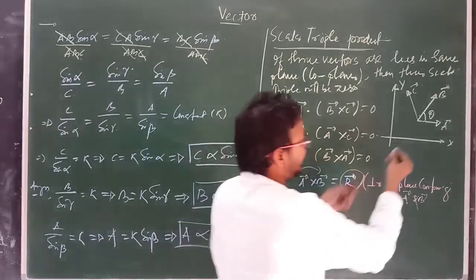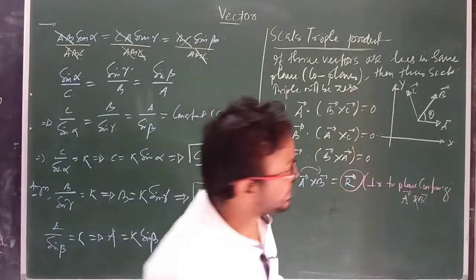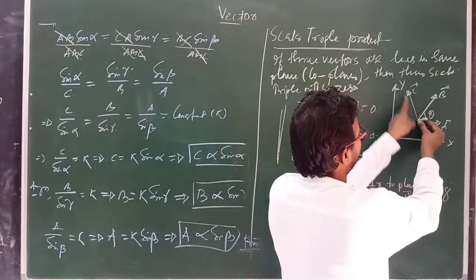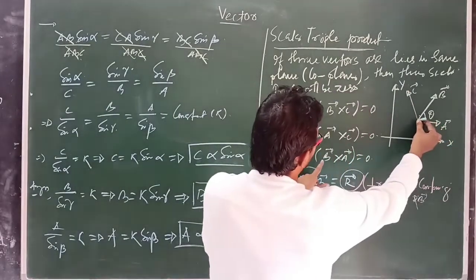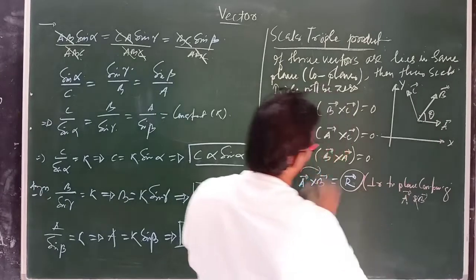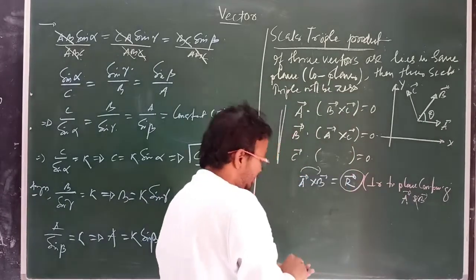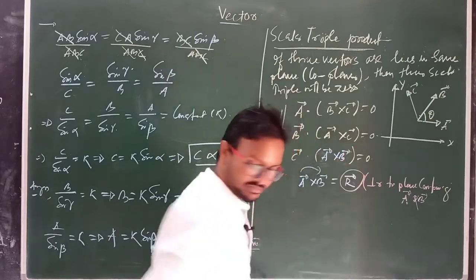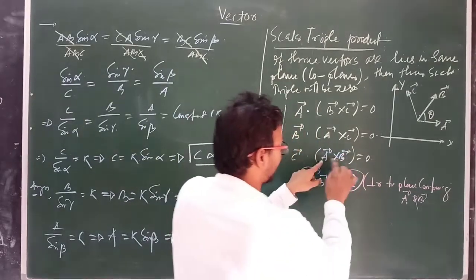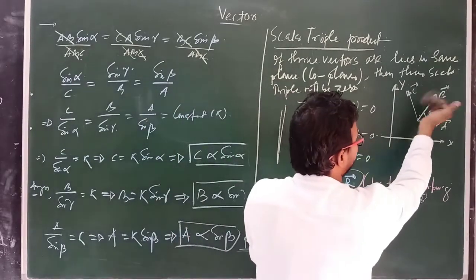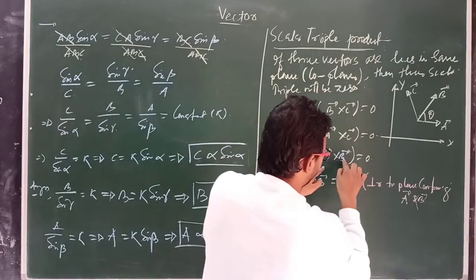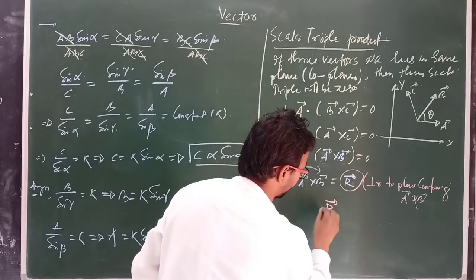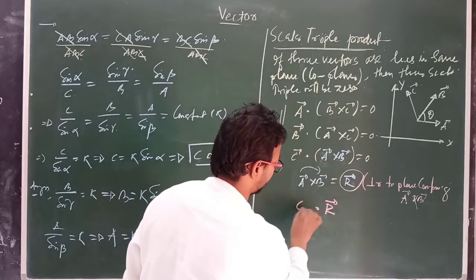This is the direction of the resultant vector, and there is another vector C. Suppose A cross B is here. Clear? So A cross B is the resultant, A cross B equals R, so we can write this vector as the R vector, and dot the C vector.